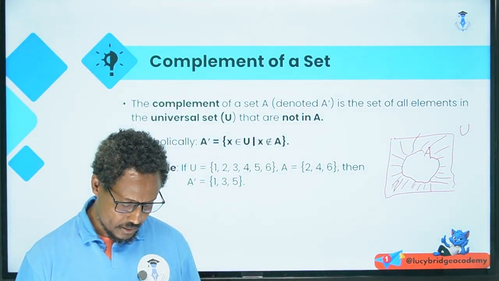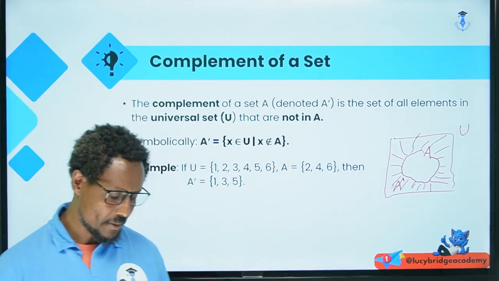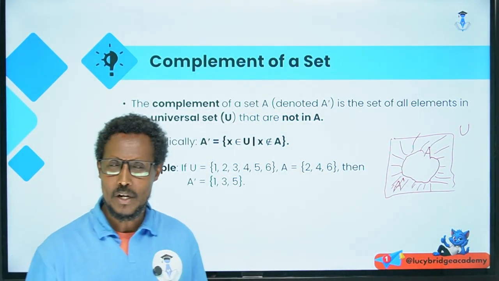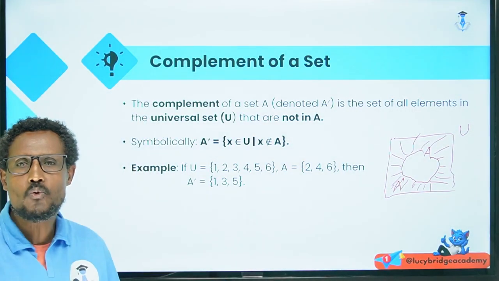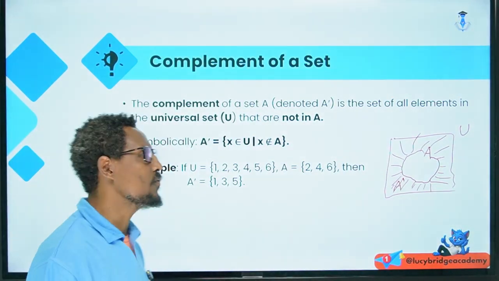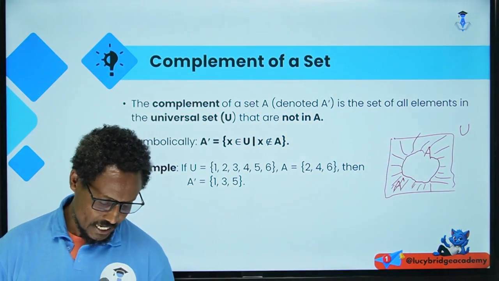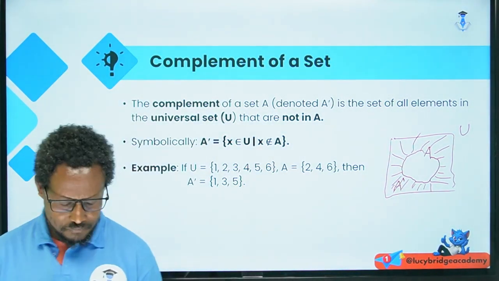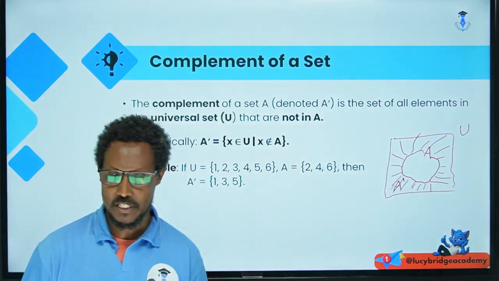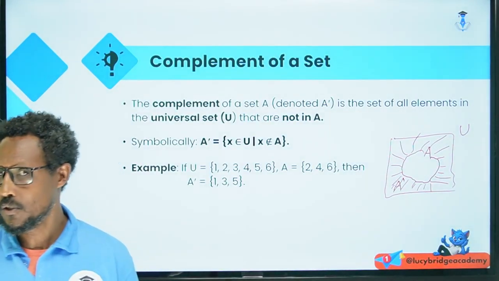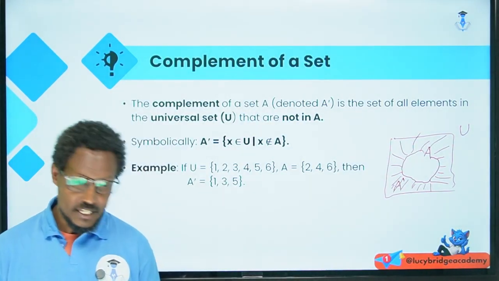A complement is every element in the universal set but not in A, out of A but in the universal set. That is what we call A complement. Symbolically, A complement can be described using the set builder method: x an element of the universal set, but x not an element of the given set A.